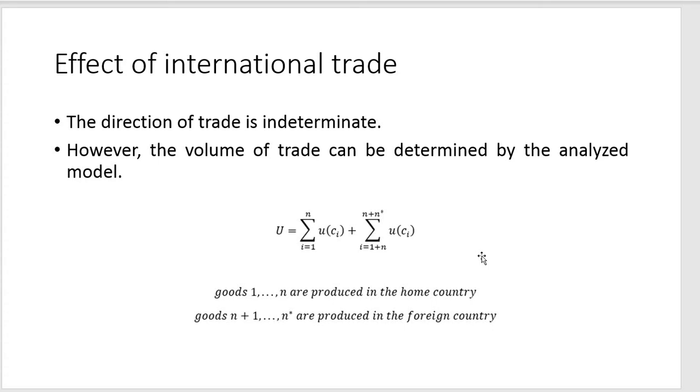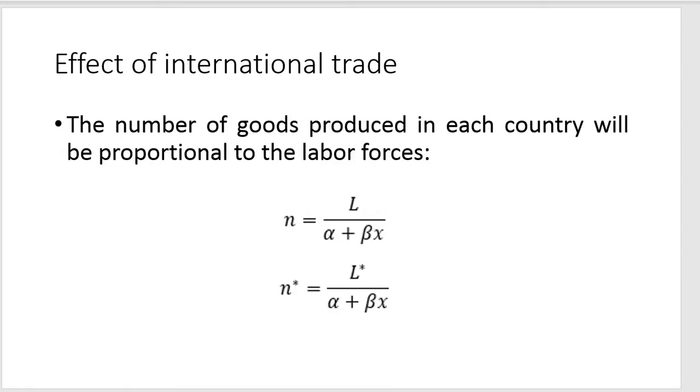We assume that the domestic economy will produce goods from 1 to n, and the foreign economy will produce goods from n plus 1 to n star. Accordingly, the number of goods produced in each country will be proportional to the size of the labor force, because, as you remember, we already calculated the equilibrium number of goods sold on the market last time. So as I mentioned, everything will depend on the relative size of the labor force.